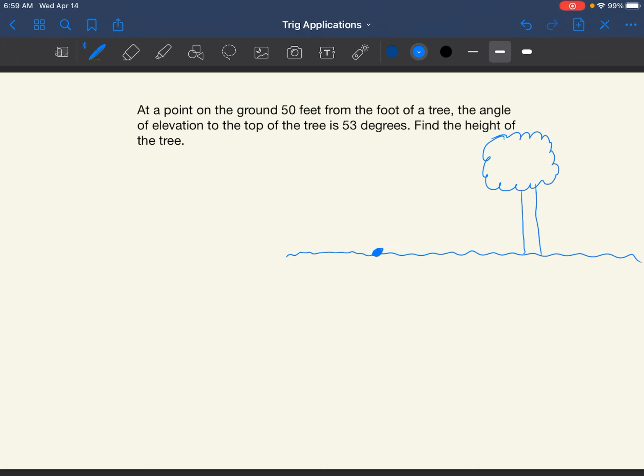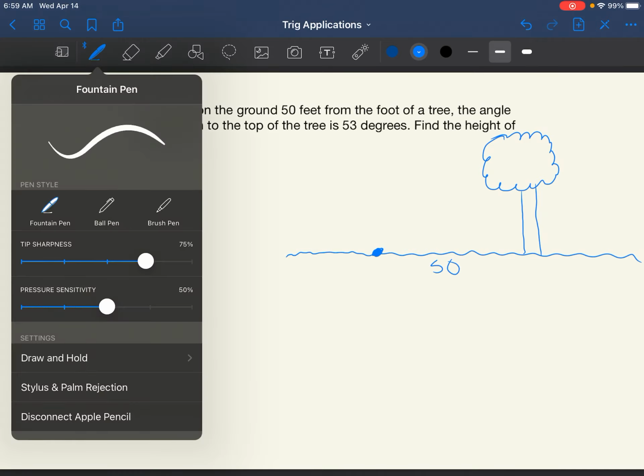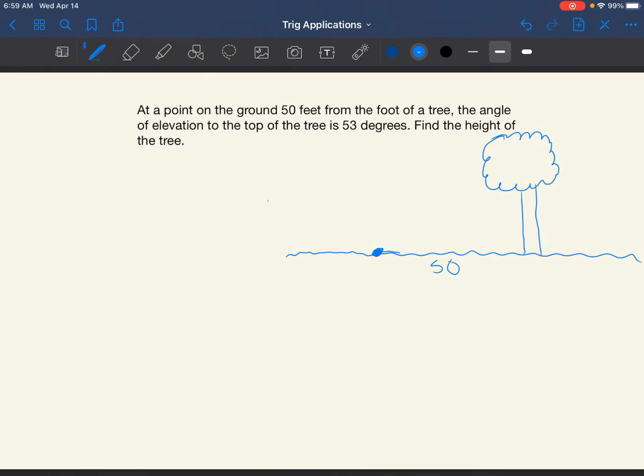Foot of the tree means the bottom of the tree. So that point is 50 feet away from the bottom of the tree. So that distance right there is 50 feet. I'm going to go ahead and label that. This distance right here is 50 feet.